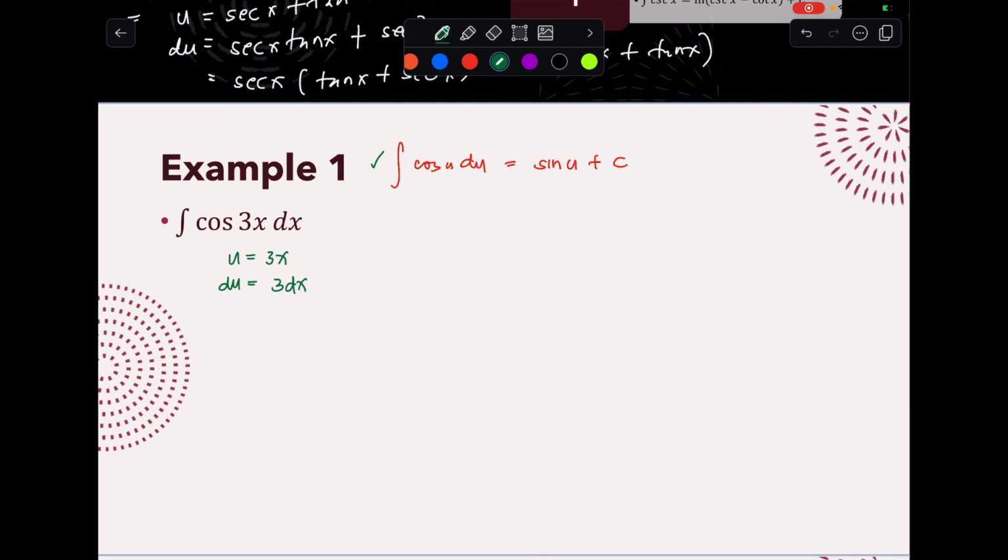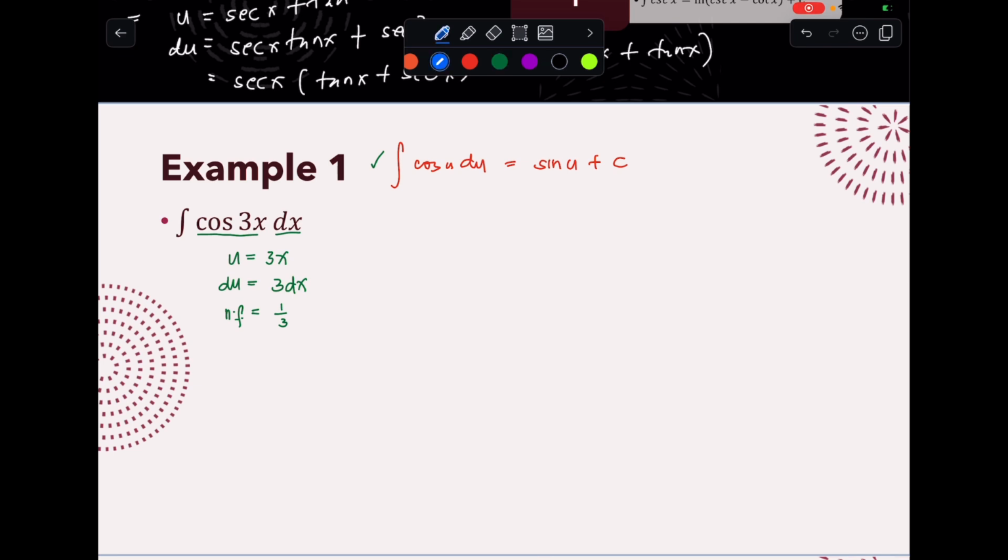Now, we have our main function, which is cosine 3x, and our differential here is just dx, so we don't have any numerical coefficient. Therefore, we need to find the neutralizing factor. The one in excess is 3, so the neutralizing factor is 1/3.